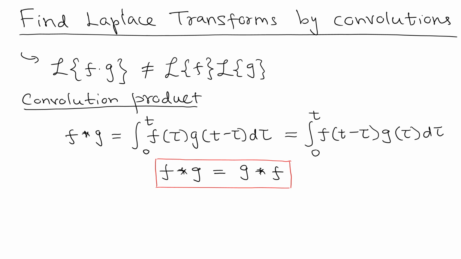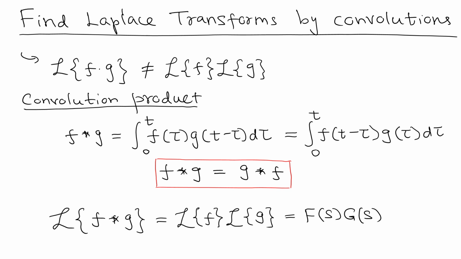Then we have this most important result. It says that the Laplace transform of the convolution product equals the product of Laplace transforms. That's the interesting part. It's what we expected, but here the product is actually the convolution. So if you take the Laplace transform of the convolution, you get the product of Laplace transforms.